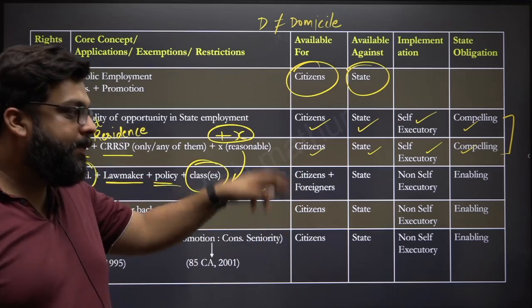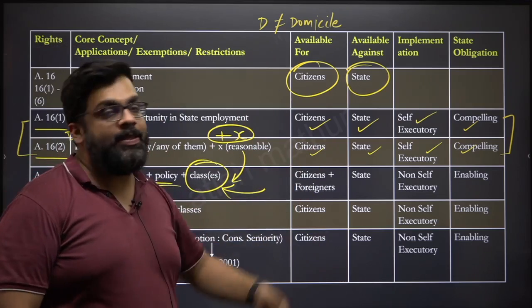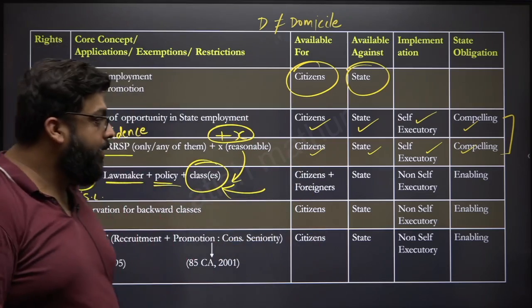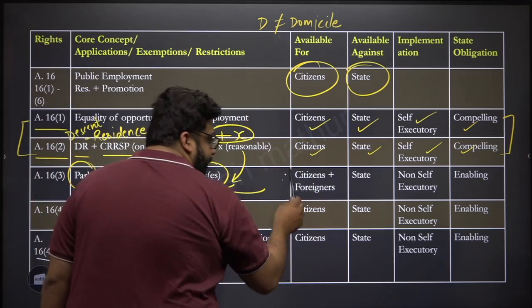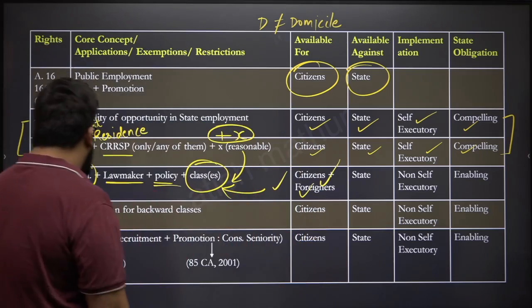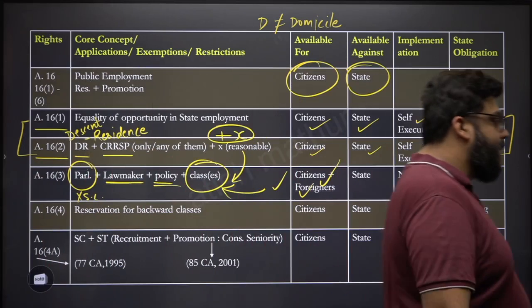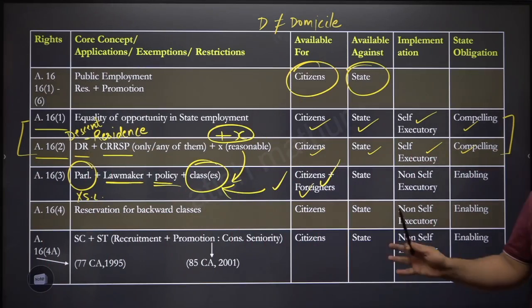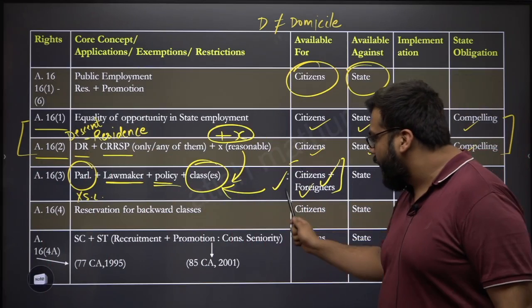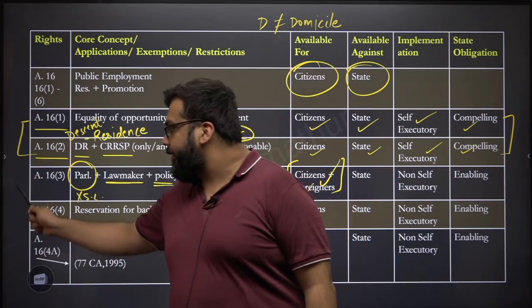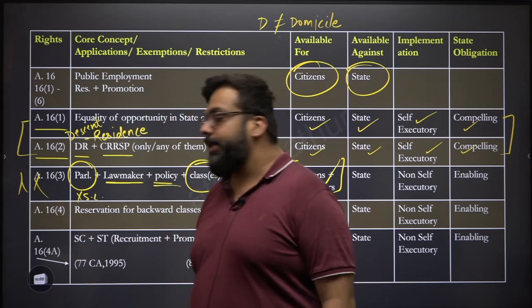Or living in a specific territory, residing in a specific territory. That is fairly possible, which means theoretically it is possible for 16 Clause 3 to be applicable to citizens and foreigners as well. Again, this is advanced law, which is why I don't ever think this is going to be asked in your exam.